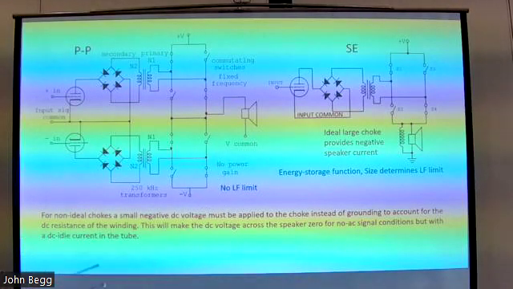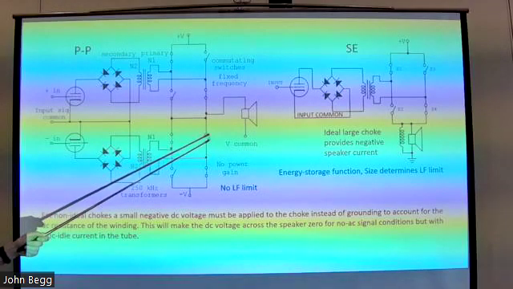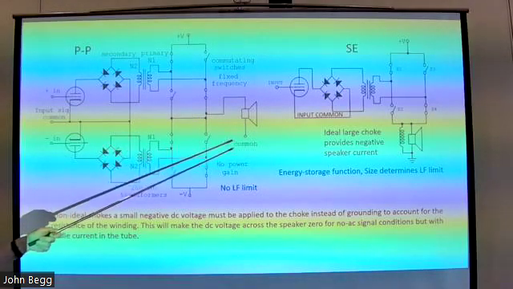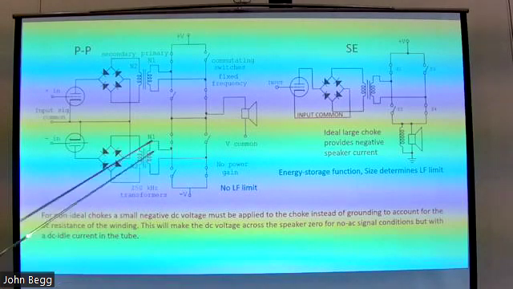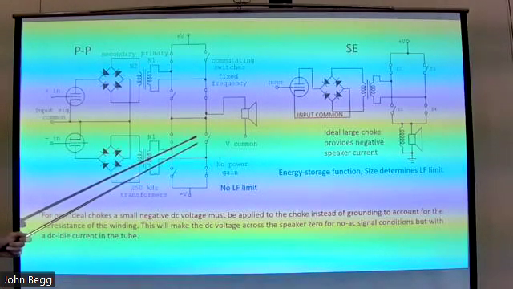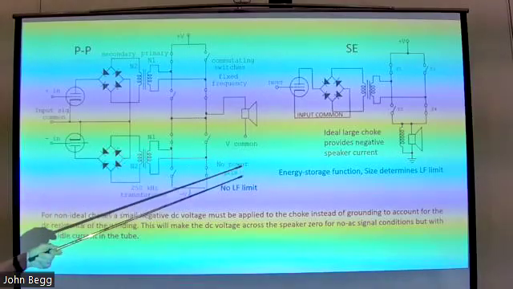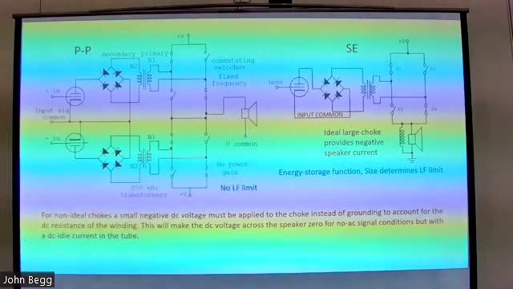Now the idling current is the idling current in the tube times this transformation ratio, since you've got low current, high voltage in the tube while you've got high current, low voltage there. But chokes aren't ideal. This is kind of a technicality.